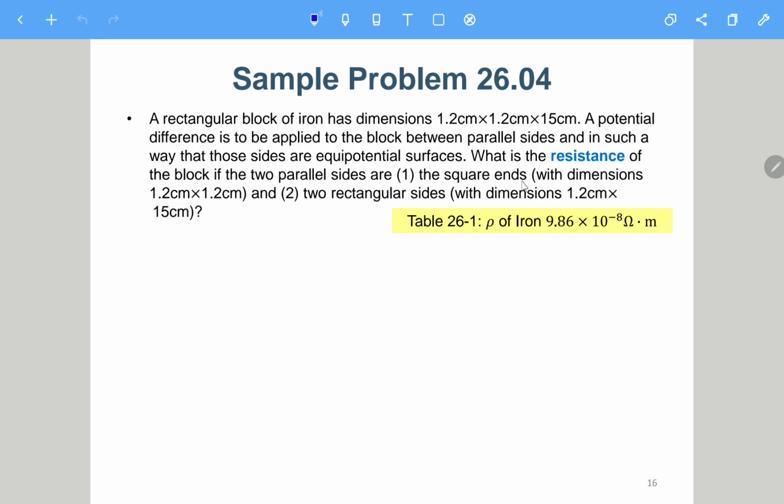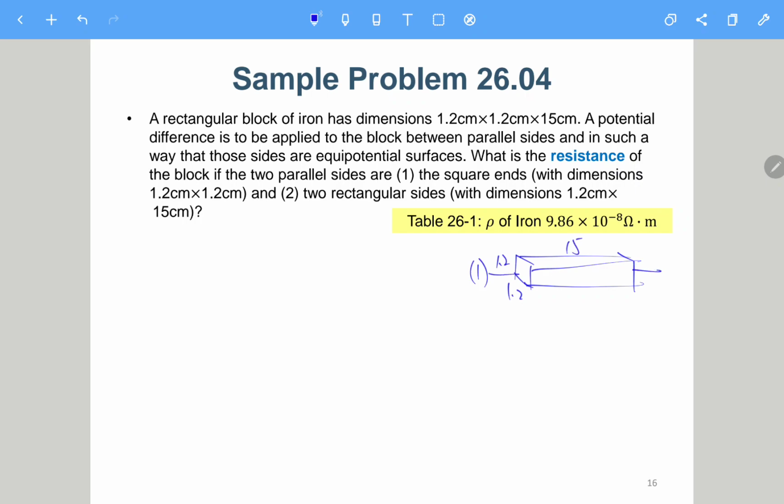One, the square ends with dimensions 1.2 times 1.2 centimeters squared, and two, the rectangular sides with dimensions 1.2 times 15 centimeters squared. Okay, so for the first case, it is like this: 1.2 times 1.2 and then times 15.